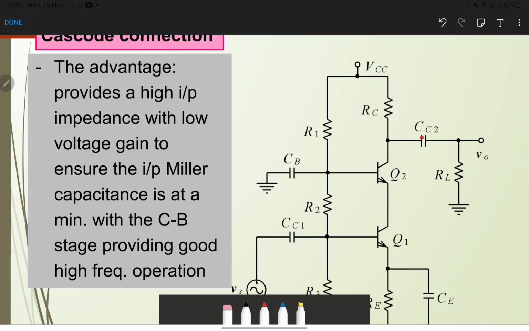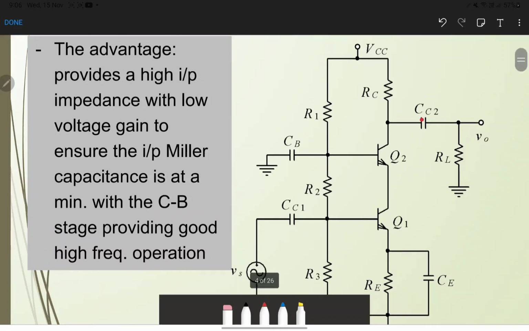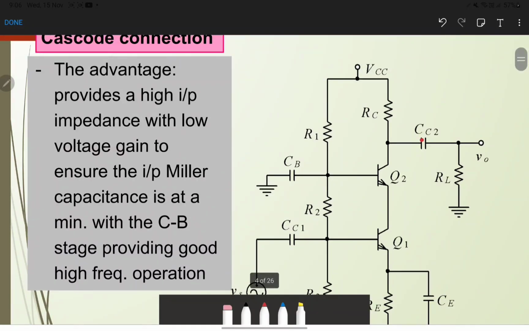The advantage of this configuration is that the cascode can produce very high input impedance and low voltage gain, to ensure the input Miller capacitance is at a minimum, with the collector to base stage providing good high frequency operation.